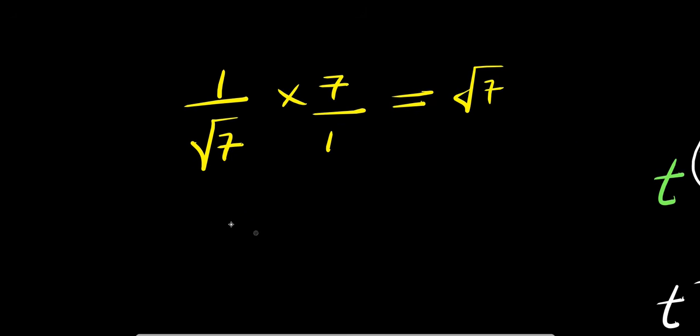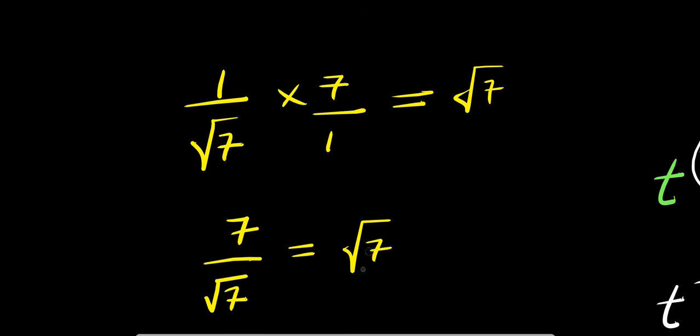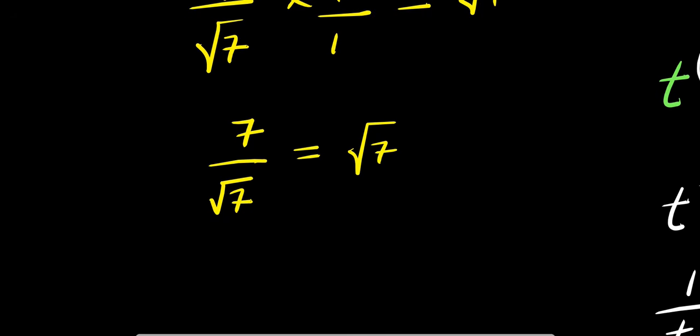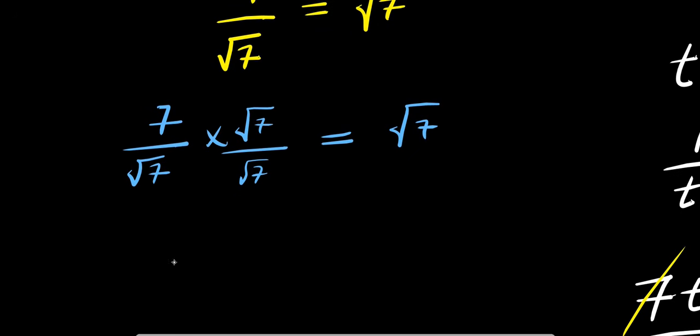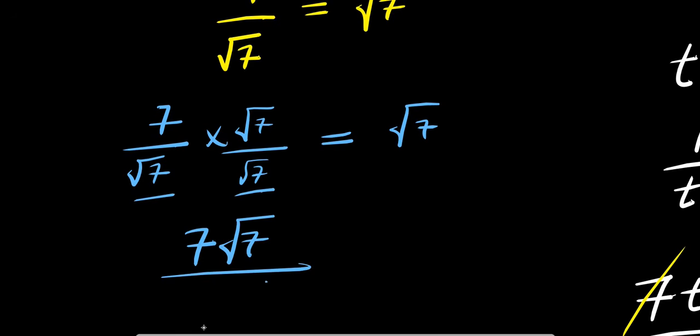From here we have 7 times 1, that is 7 divided by root 7. Does this equal root 7? We can rationalize this denominator by having 7 divided by root 7 times root 7 divided by root 7. 7 times root 7 is 7 root 7, divided by root 7 times root 7, which is root 49.